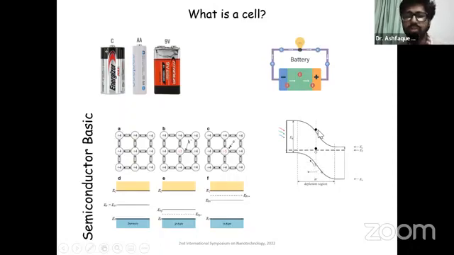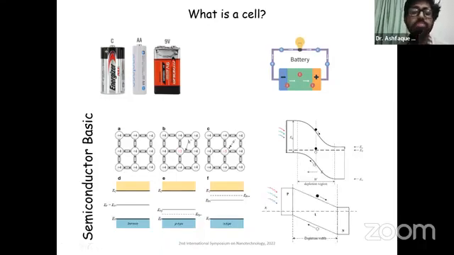Because of this opposite direction of electrons and holes, the electron hole pairs created by the sunlight can go in two different directions, and they can be collected on two different sides of the cell.